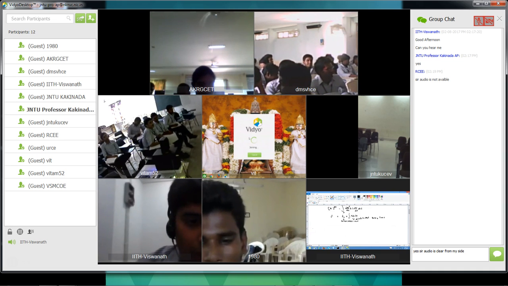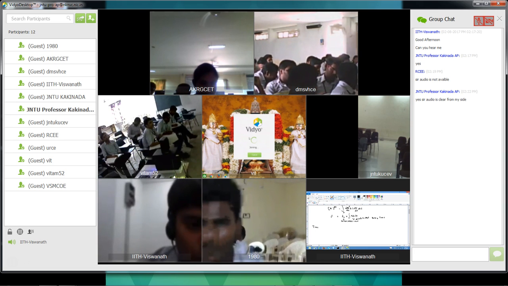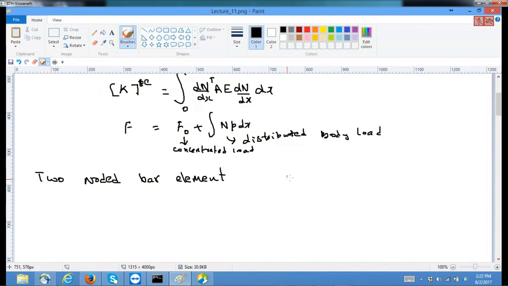Now, after this, what we did was show that for a two noded bar element, with nodes A and B, the shape functions are N_A = 1 minus x_e by L_e and N_B = x_e by L_e.